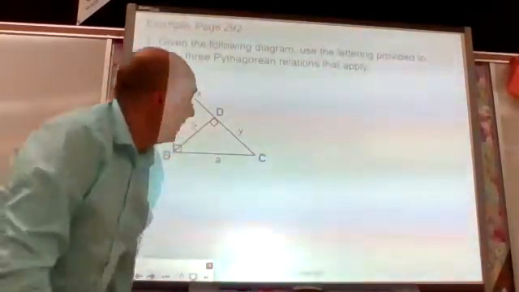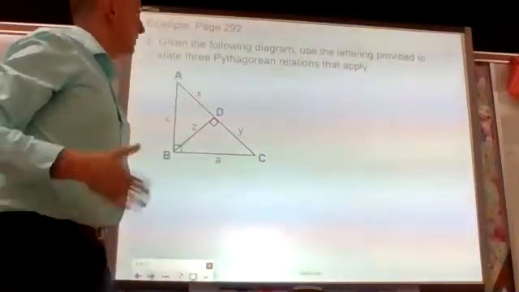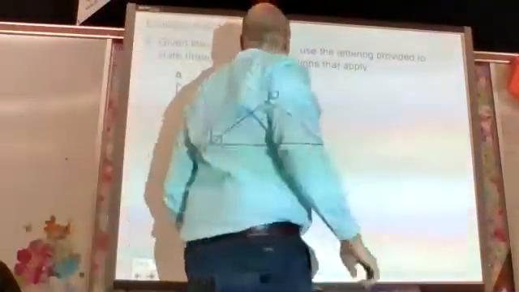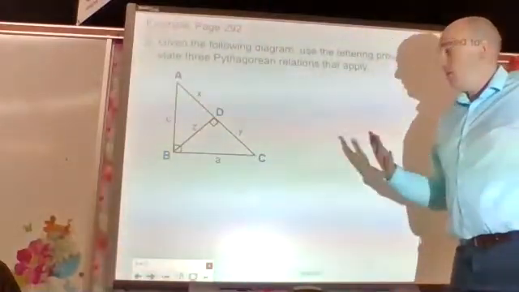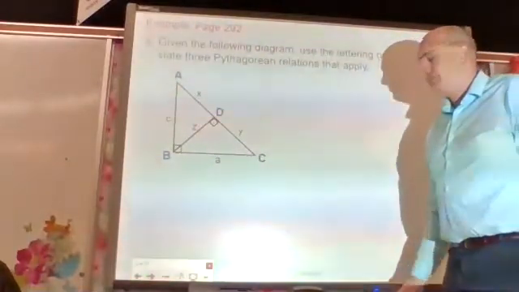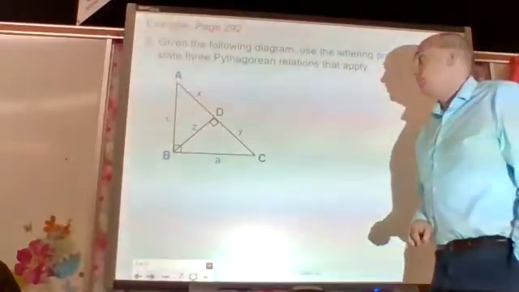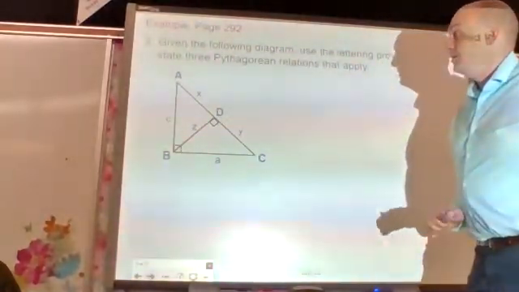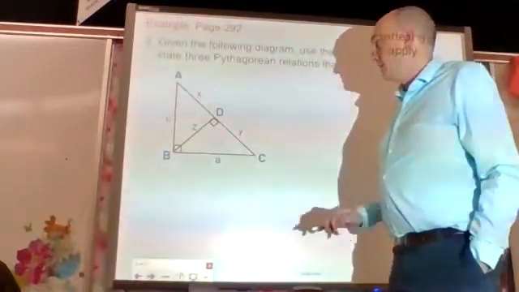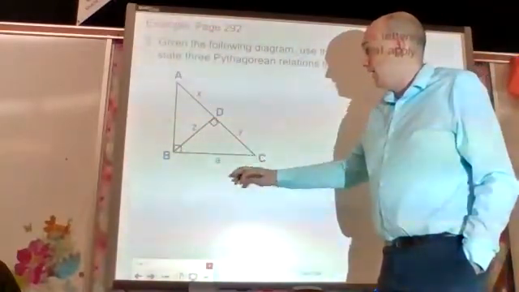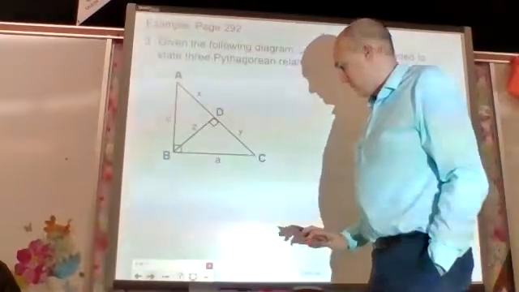Given the following diagram, use the lettering provided to state 3 Pythagorean theorem relations that apply. To take these Pythagorean relations, what we want to do is take a look at our side lengths. So we have 3 different triangles we can consider, actually.